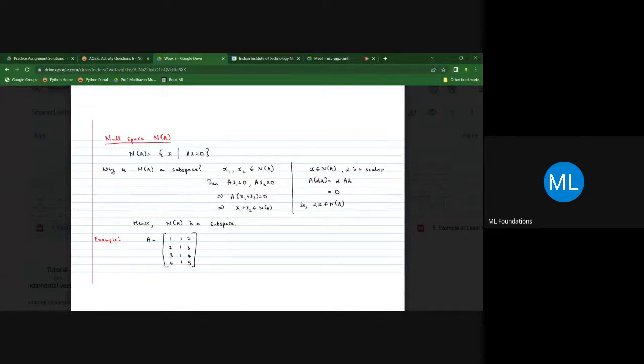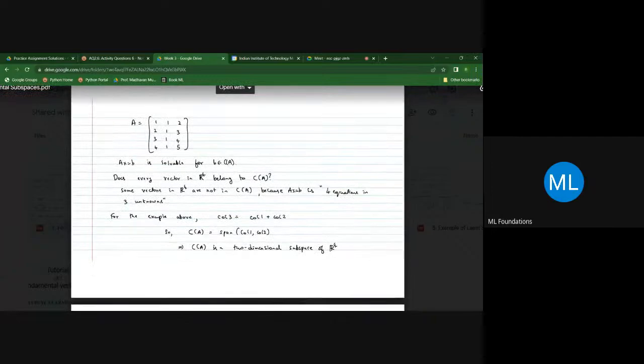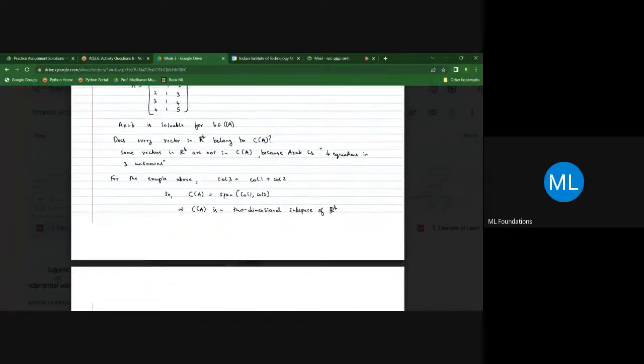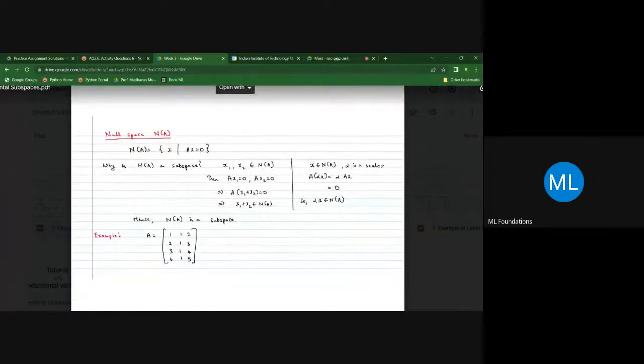Similarly, the scalar multiple of any vector should also belong to the space. So the null space of A is also a subspace, similar to the span of columns, the column subspace.